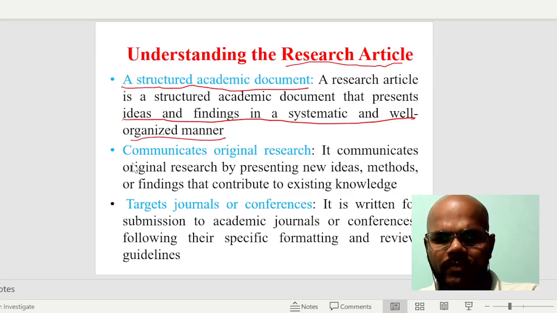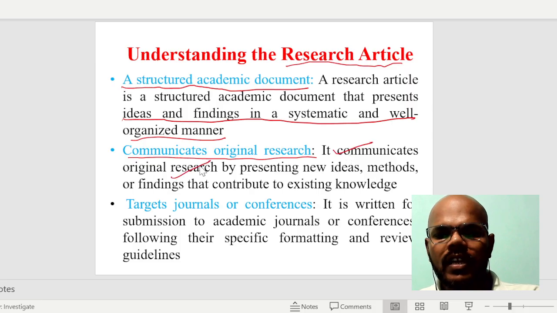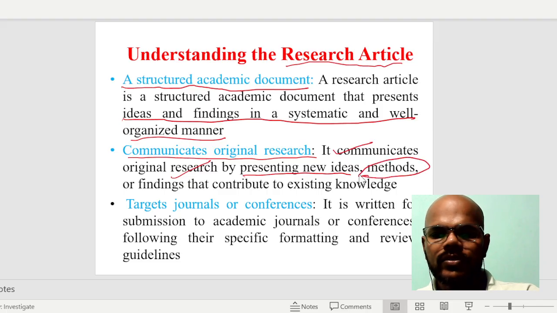The next point is communication of original research. That means it will communicate original research. If someone has already done it, you cannot add it as your research work. You should have your own idea, a new idea and new methods. Someone has done it already, so you cannot claim it is your idea.